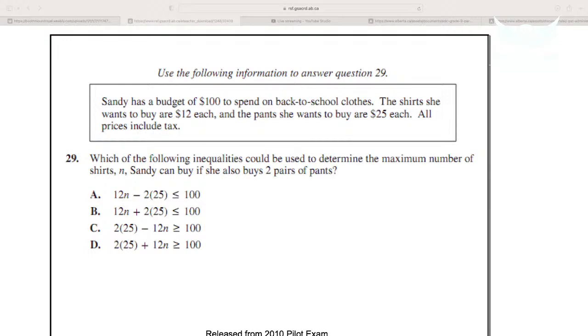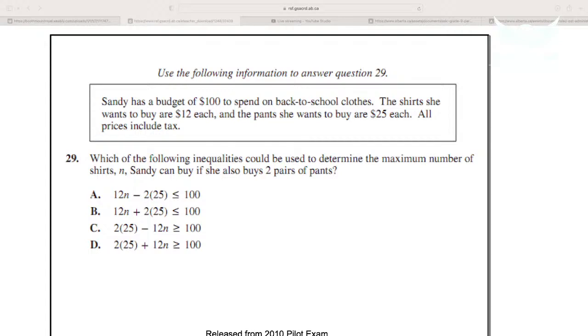So Sandy has budget of $100 to spend on the back to school clothes. The shirts she wants to buy are $12 each, and the pants she wants to buy are $25 each. All prices include taxes. Which of the following inequalities could be used to determine the maximum number of shirts Sandy can buy if she also buys 2 pairs of pants?